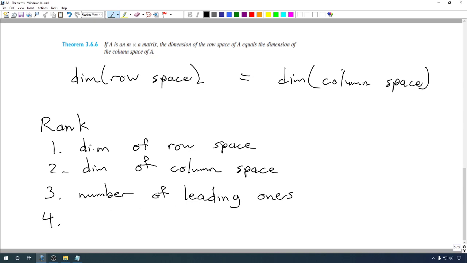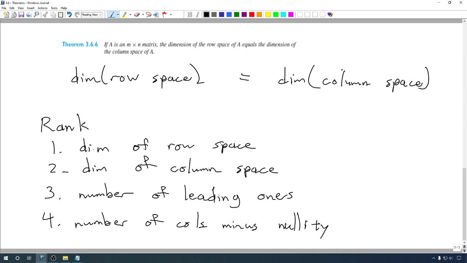Or we can go back to the rank-nullity theorem and say it's the number of columns minus the nullity. So we have four different ways of thinking about what this rank number actually means for our matrix.